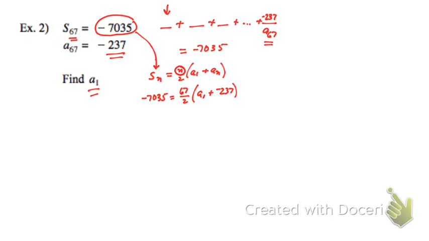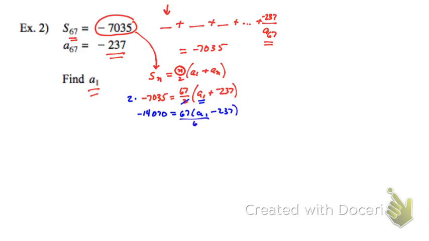So again, we develop an equation here where we only have one thing we don't know, so we just need to work our way out of this. So we can do it in pieces here. Since we're dividing by 2, we can multiply by 2 and get negative 14,070 equals 67 times the first term minus 237.